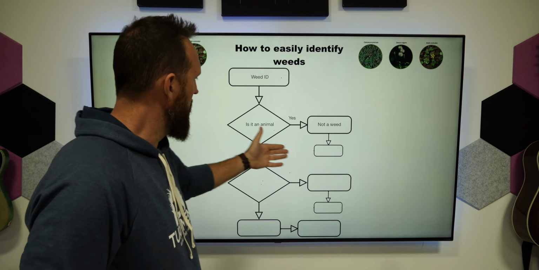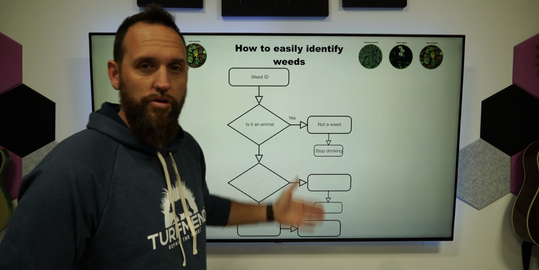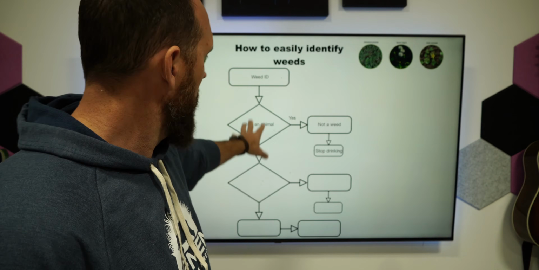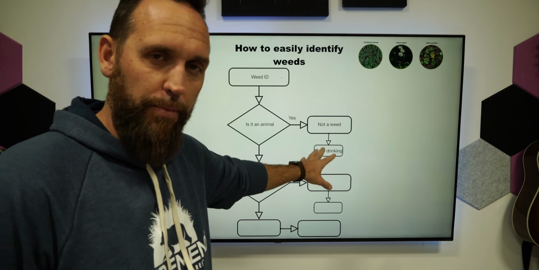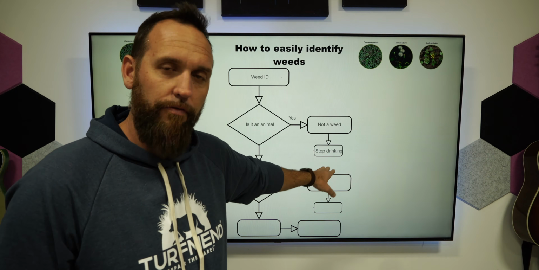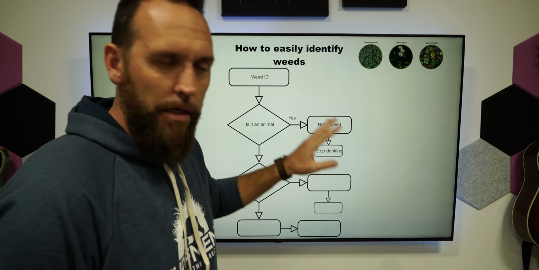It's not a weed. If it is an animal, it is not a weed. So you should probably stop drinking just because you were confused for a moment that this animal was potentially a plant, and that's not a good thing. So you need to really take a look at your life right now, examine it, and just decide if you're doing things correctly. But, let's go back.